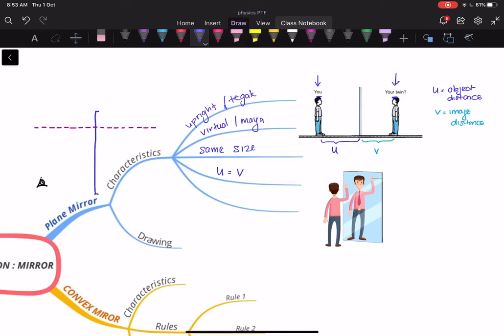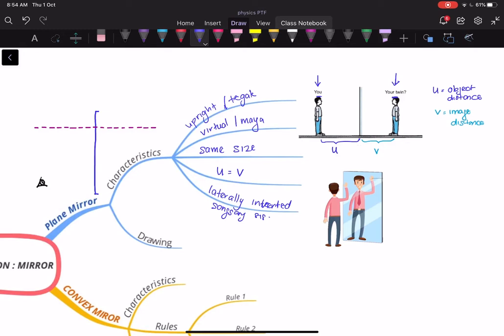Now yang terakhir, ciri yang terakhir ni, that's what we call laterally inverted, or in Malay we call it songsang sisi. So apa ni songsang sisi ataupun laterally inverted? Very easy.